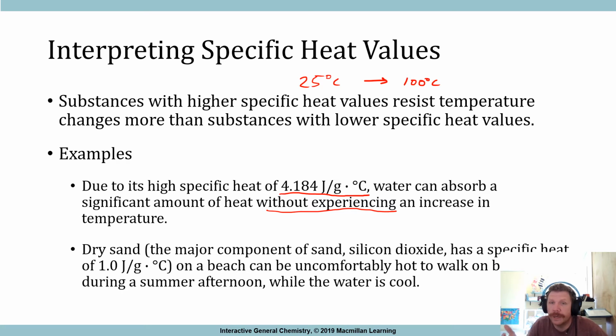Water is very resistant to temperature changes. Dry sand, on the other hand, the major component of which is silicon dioxide, has a specific heat of 1 joule per gram degree Celsius. So dry sand on a beach can be uncomfortably hot to walk on, due to the fact that it has a relatively low specific heat.